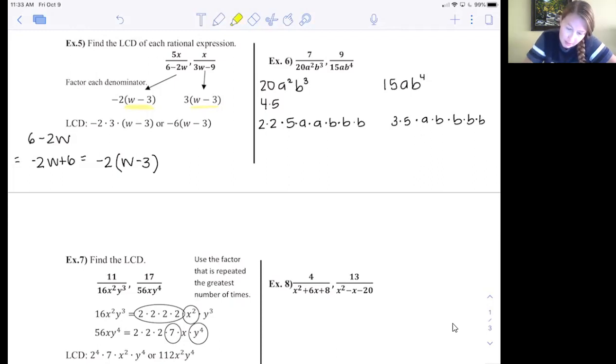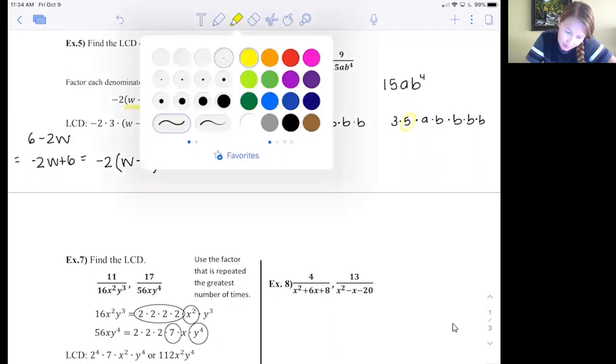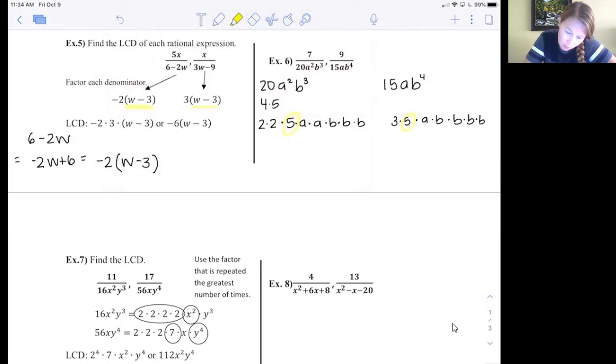I'm going to look at what they have in common. We've got a 5 in common, 1 a in common, and 3 b's. So I'm going to keep a 5, an a, and 3 b's, so b cubed.